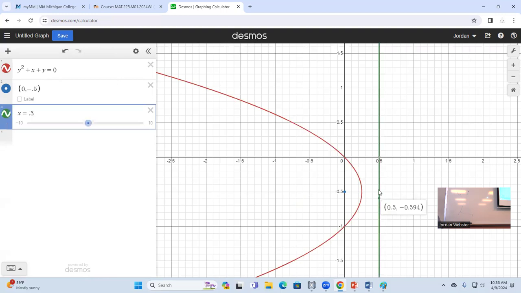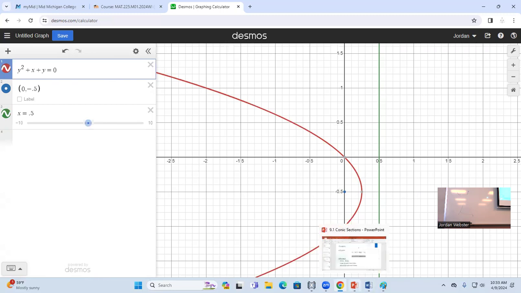This green line here. And if I took any point, it would be equidistant from the focus to the directrix. So that looks right. That doesn't guarantee it is, but it looks right.